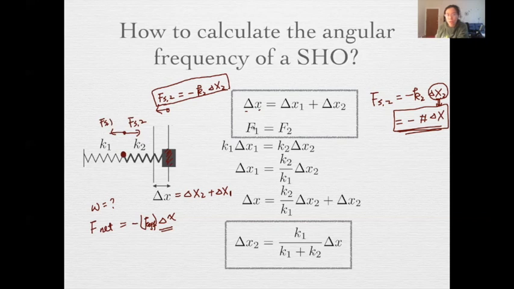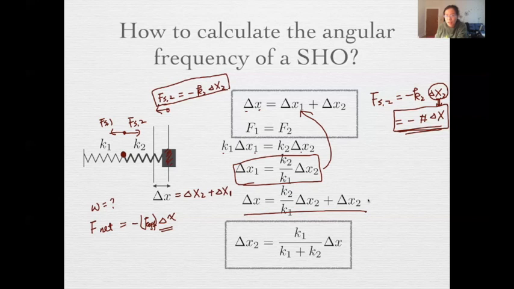And the spring force 1 is nothing but K1 times delta X1. Spring force 2 is K2 times delta X2. I cancel out all the negatives, so don't worry about it. And then you can see, now I can rewrite my delta X1 in terms of delta X2 times something else, and then plug this back into this equation to get this.